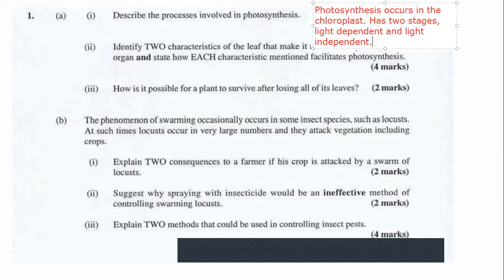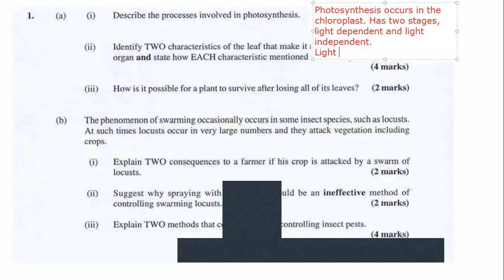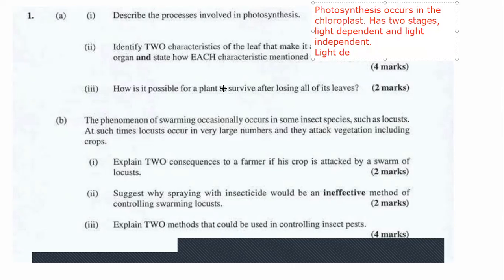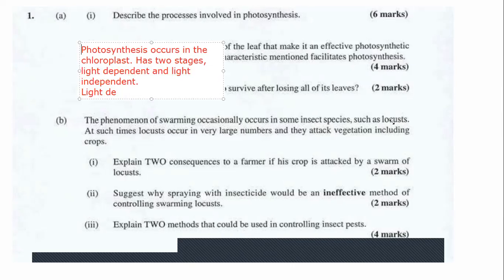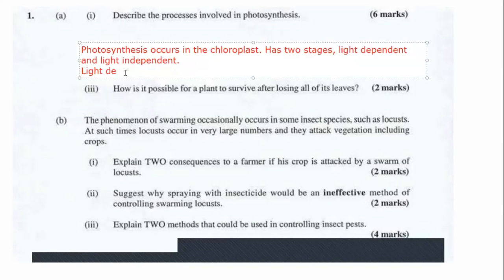All right, let's talk about light dependent first. It is where the plant needs light in order to carry out certain parts of photosynthesis. What does the light do? We know that it needs light because it says dependent.